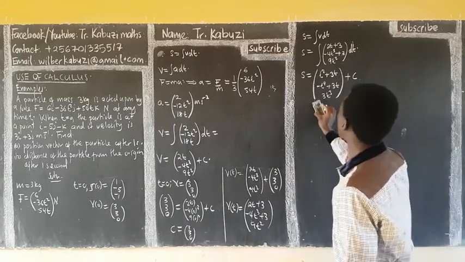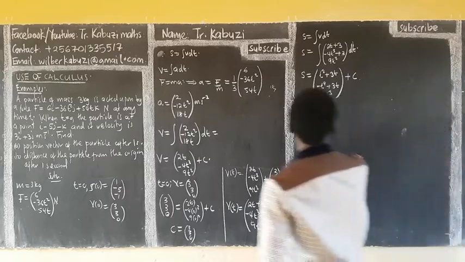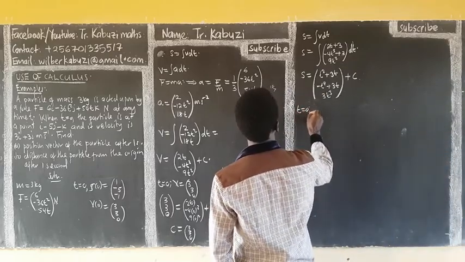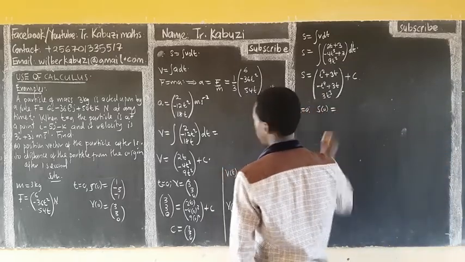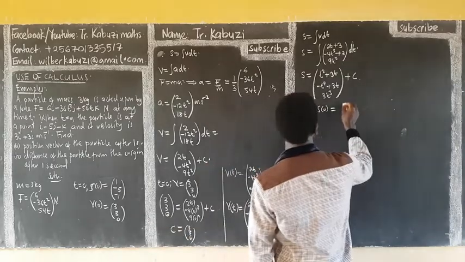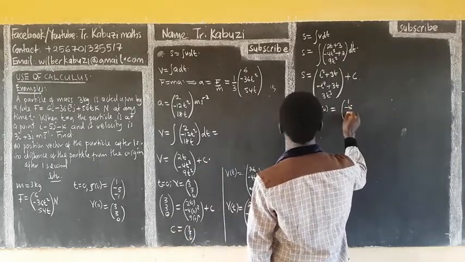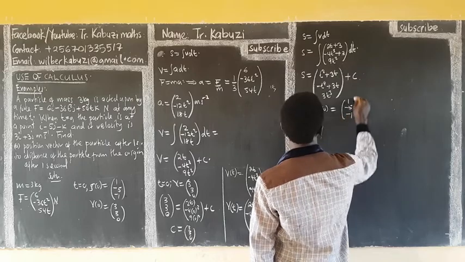So how do we get the constant of integration? When t is 0, remember our displacement was 1, negative 5, negative 1.